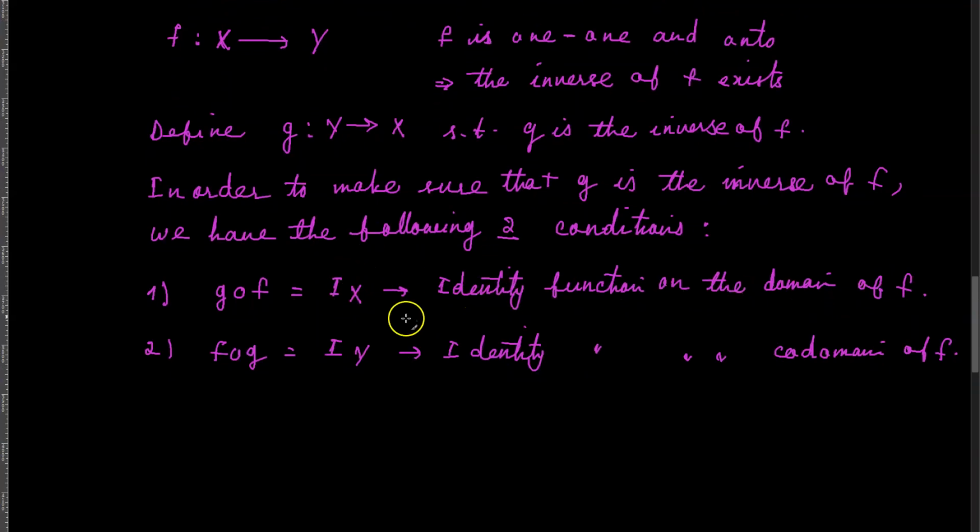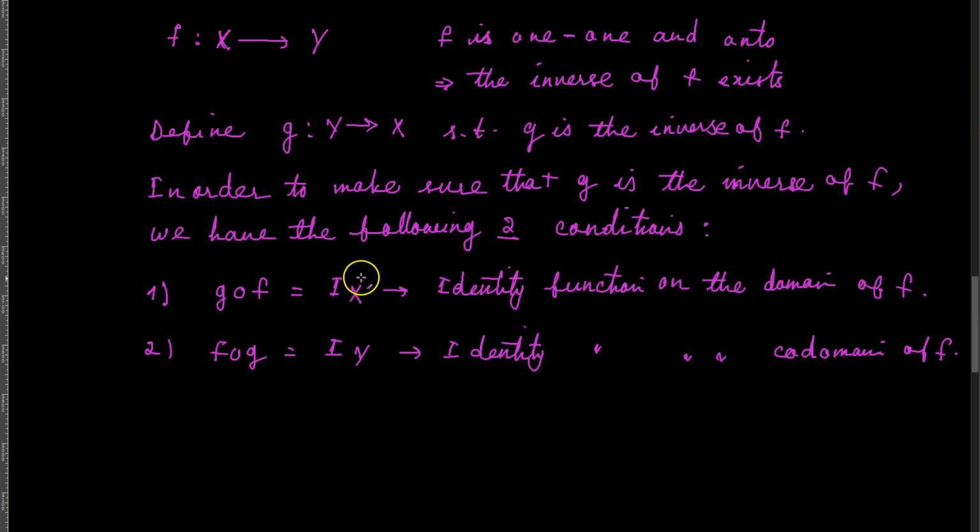Now what these functions do is that this function, I of x, which is the identity on the domain of f, takes the input x, because it's the identity function on the set x, and the set x contains all the x's that we have. The set y contains all the y's that we have.